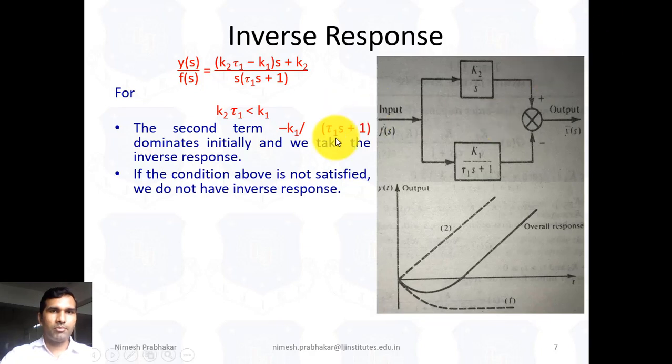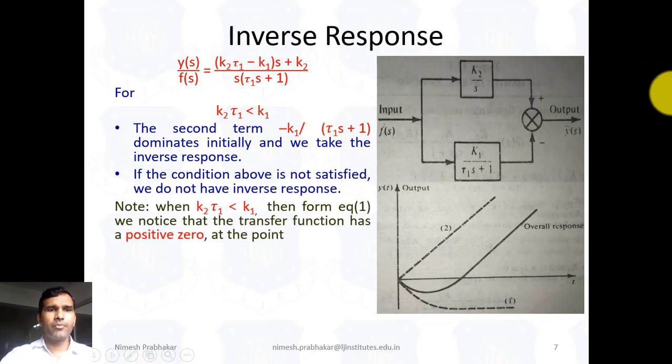If this condition is satisfied, then and only then we get the inverse response of the system. So in simple words, for the condition of inverse response, the transfer function zero value is positive.